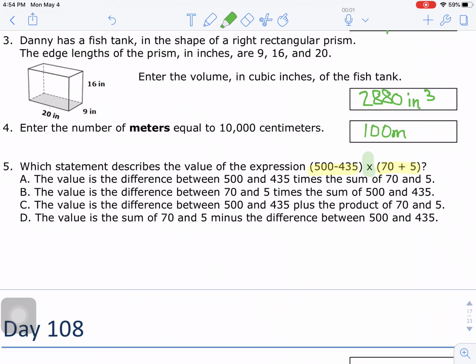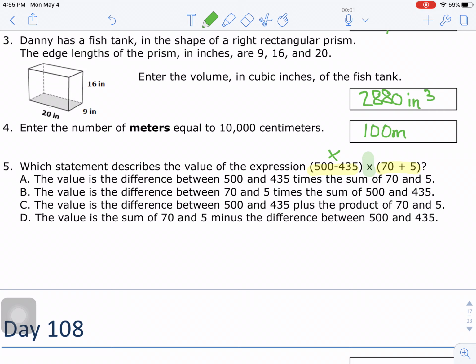So let's read statement A. The value is the difference between 500 and 435 times the sum of 70 and 5. Well, that's basically what I just explained. If we look at this first set of parentheses, that's the difference of 500 and 435.